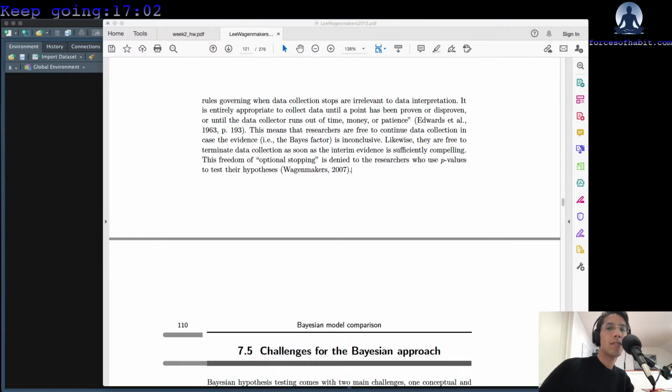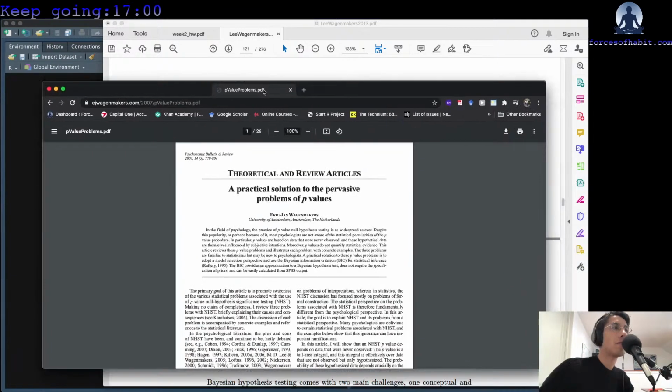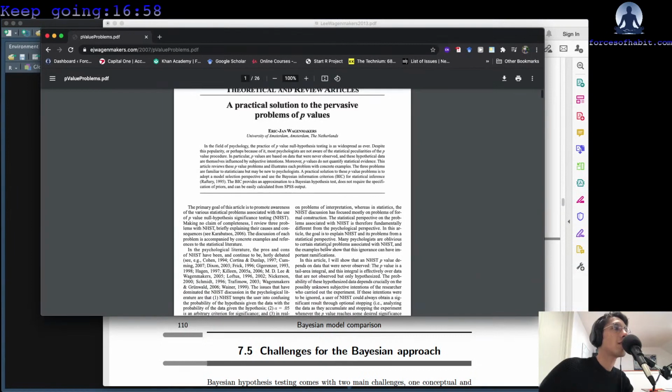Wagenmakers. I'm just looking up this paper so we can see. The practice of p-value null hypothesis testing is widespread.